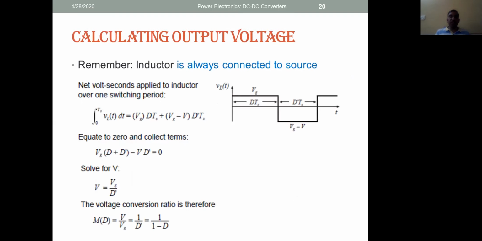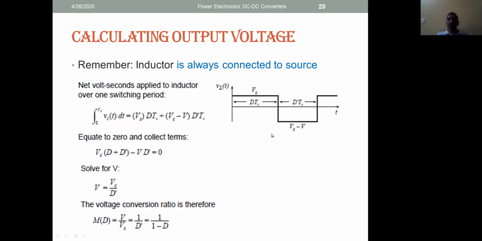So let us calculate the output voltage by integrating for one switching cycle. The inductor is the load in this case, which needs to be remembered very well. So integrating it for a cycle: Vg into D into Ts for the switch on period, and for the switch off period Vg minus V, D dash, so this is the off period.